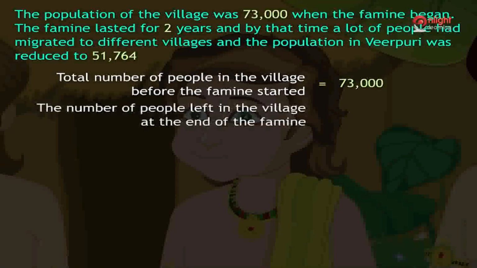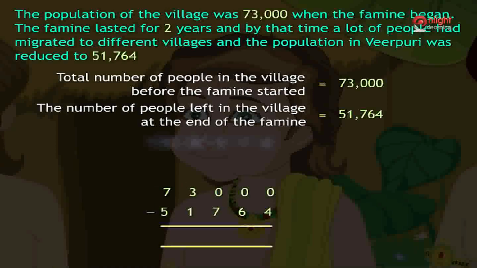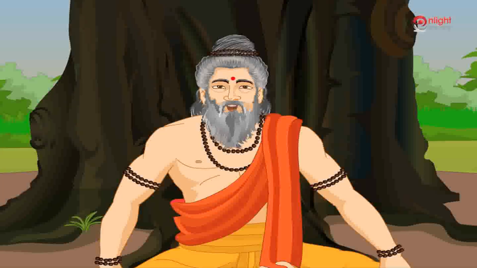The number of people left in the village at the end of the famine is 51,764. To get the number of people who migrated, we have to subtract 51,764 from 73,000.